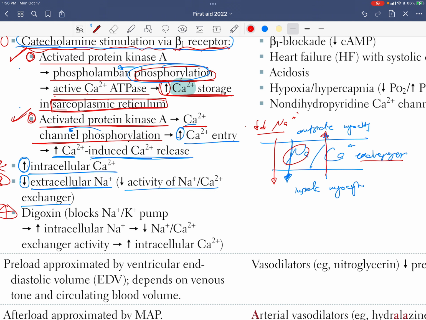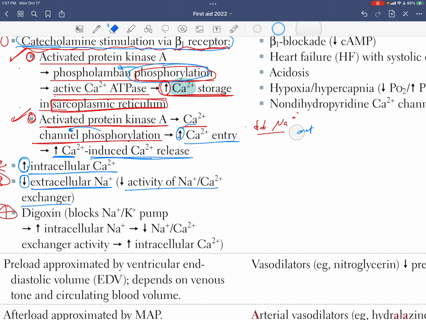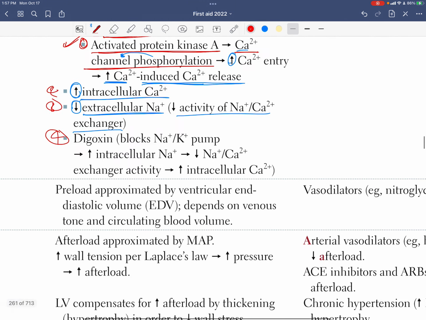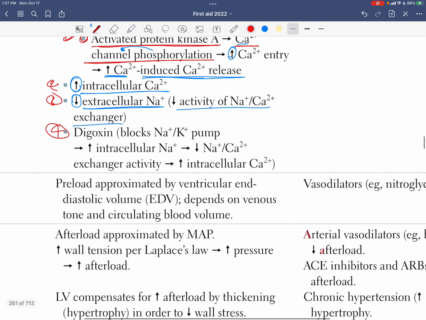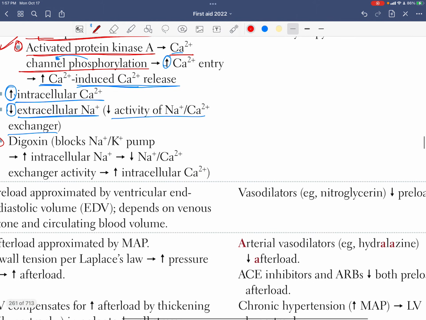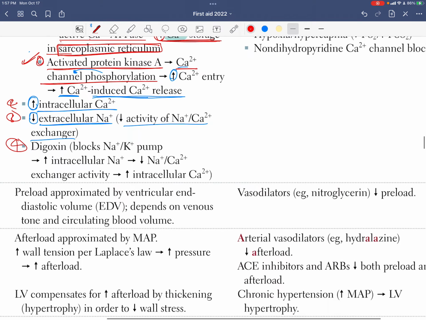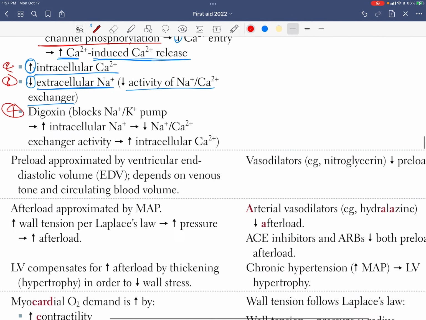That means this exchanger is not going to work. If sodium is not going in, calcium is not going out, and if calcium is not going out, then inside the myocyte the calcium concentration goes up, and we know that calcium is responsible for the contraction, the contractility.